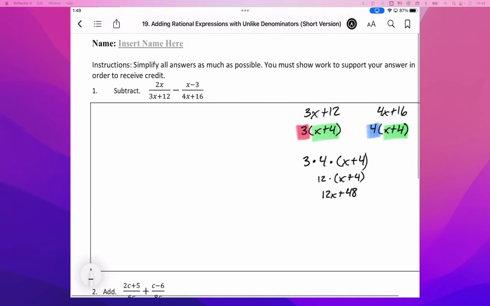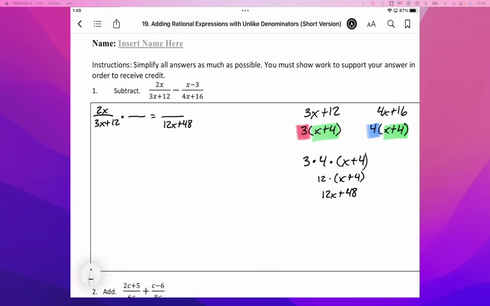Now, as I mentioned, number one is a nasty one. It's definitely the most nasty one in this whole homework section, so bear with me on this one. It'll work out. It'll get easier as we get going. So we have 2x over 3x plus 12. We need to convert these fractions to have common denominators, and so what we've got to do is say, what would I multiply 3x plus 12 by to get 12x plus 48?